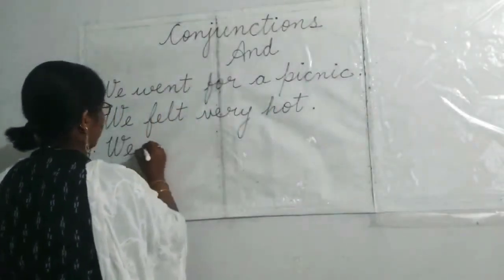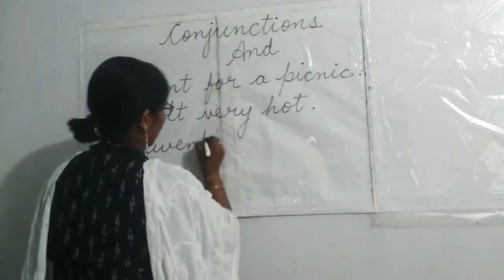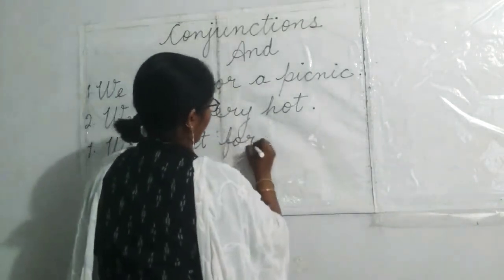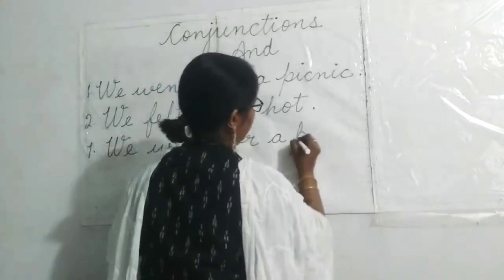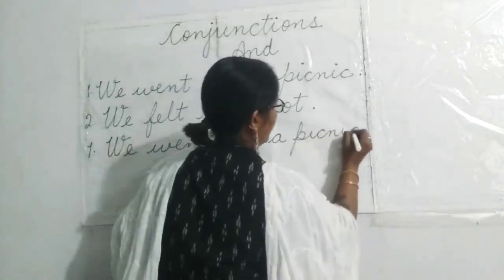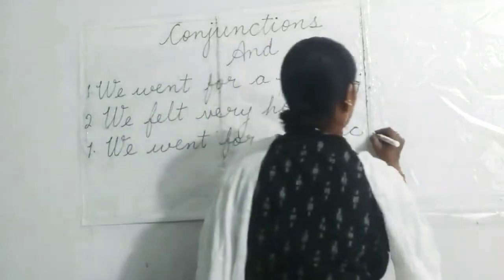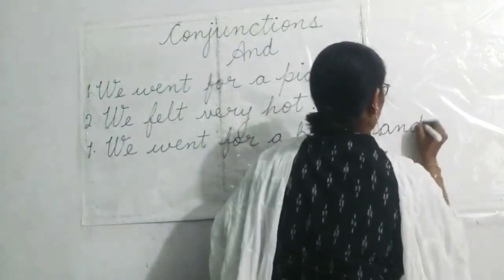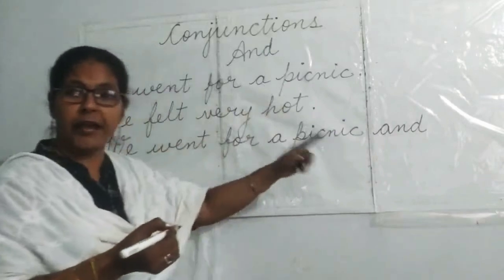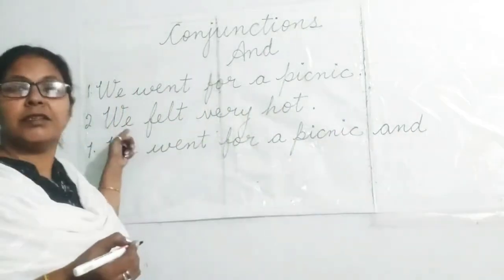We went for a picnic and, after and, the second sentence starts with we.